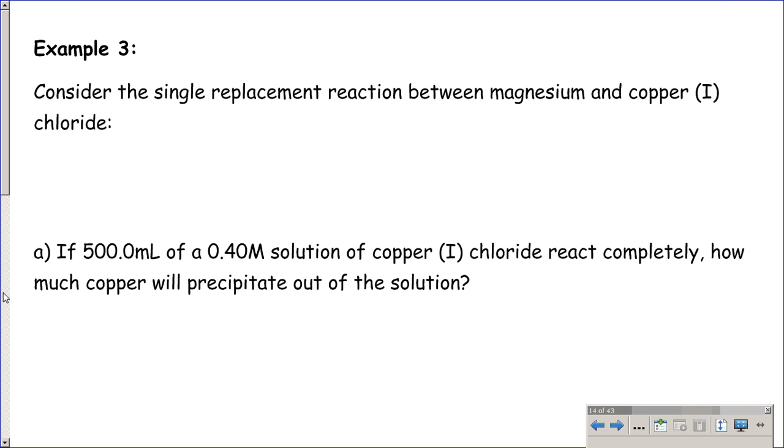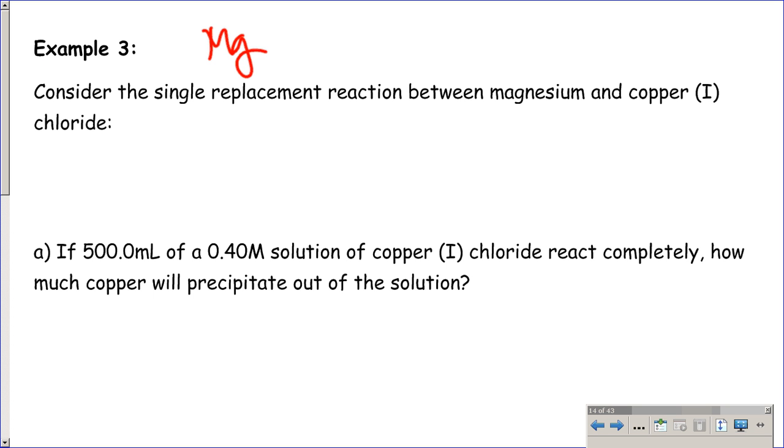Okay. So, just waking you up between problems here, okay? So, next one. Example 3 for me, and then you guys are doing yours. Consider this, okay? The single replacement reaction between magnesium and copper 1 chloride. Reaction, go. Mg, I heard you.